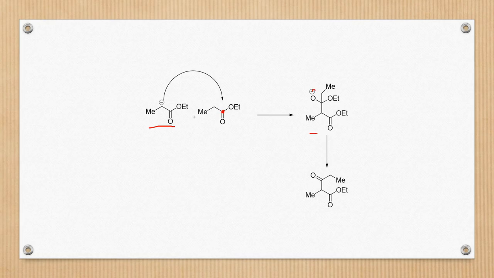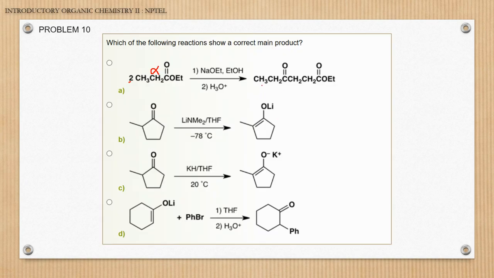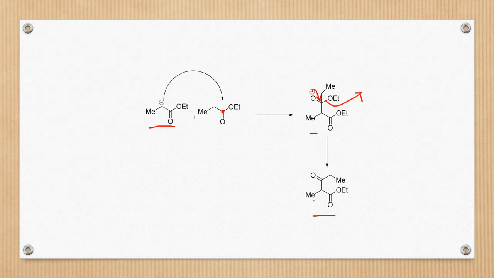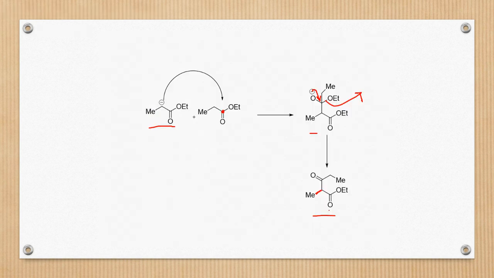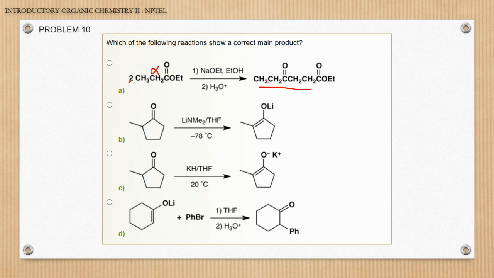After this tetrahedral intermediate comes down, OEt will knock out. After knocking out of OEt, you will get a diketone compound which looks like this. But in your product, this is a straight chain. But in our product, what is happening? This methyl is at the second position. So that is why the arrangement of these carbons in the product is not correct.